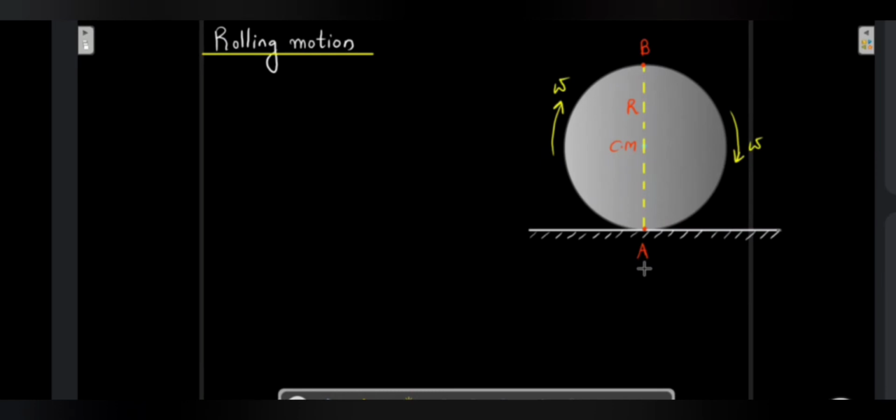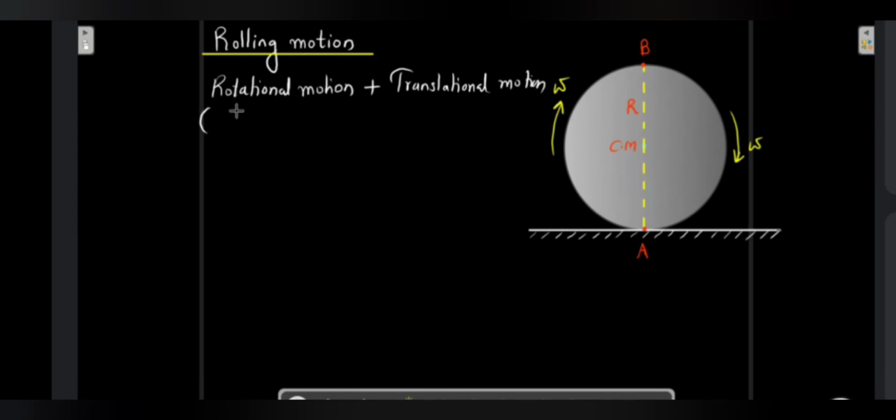Next we are going to study about the rolling motion. So what do we mean by rolling motion? The combination of rotational motion plus translational motion gives us rolling motion.